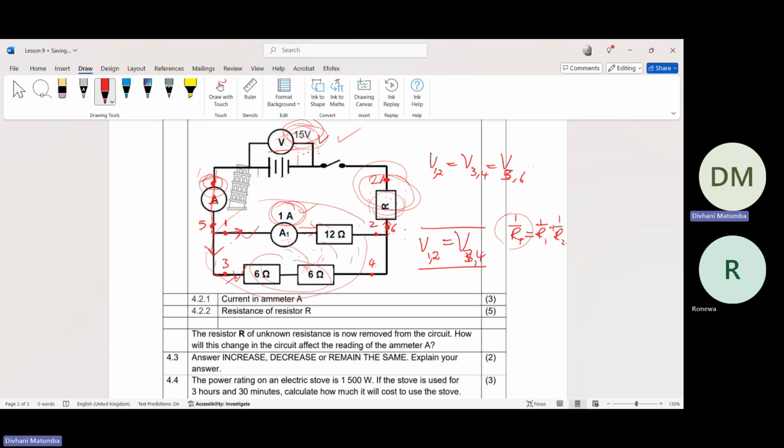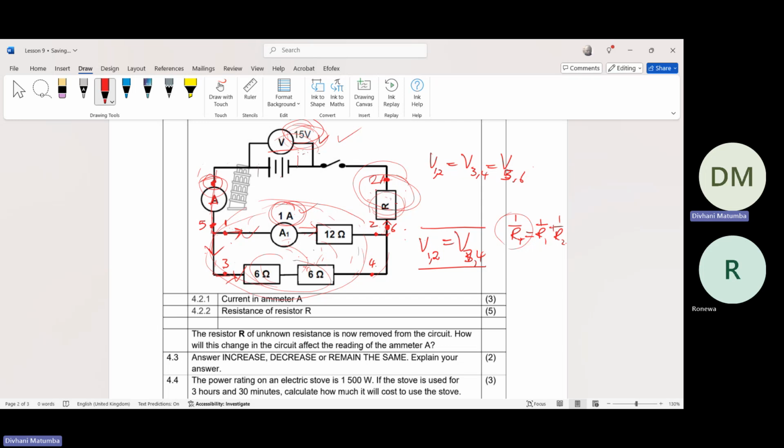Usually when you have such a situation, they want you to use all the parameters given within the circuit, or within your parallel connections.